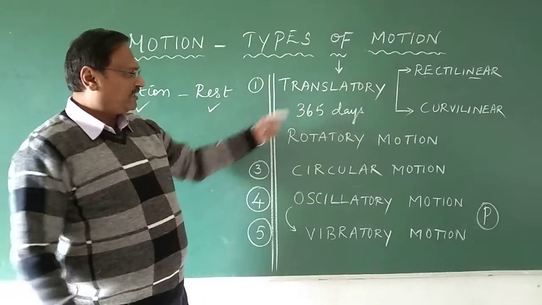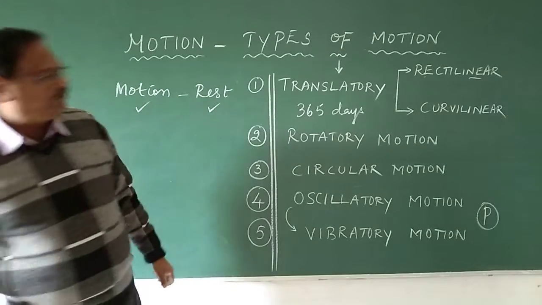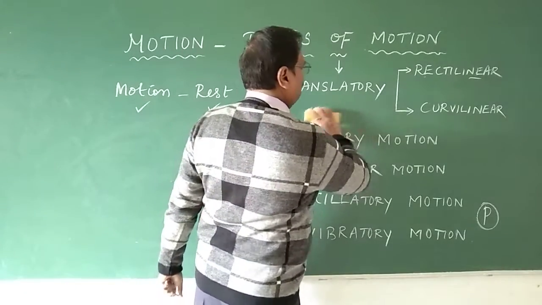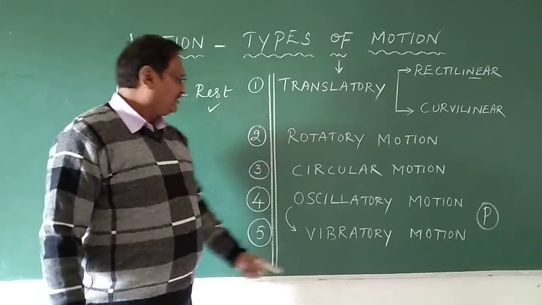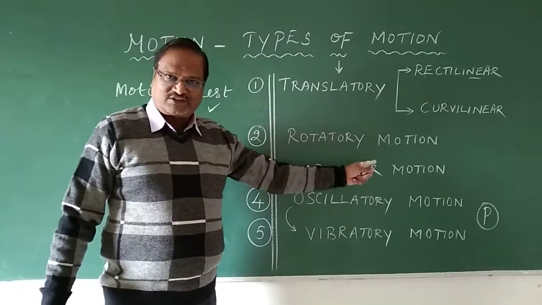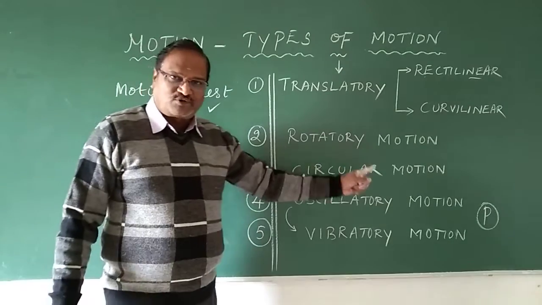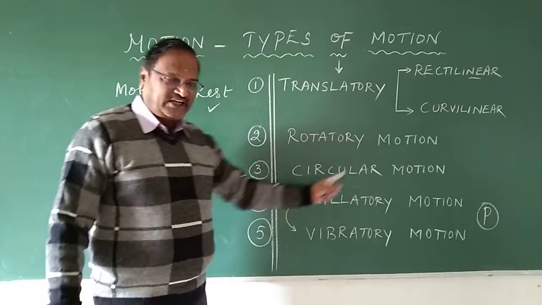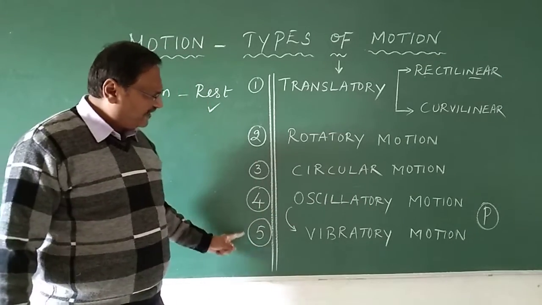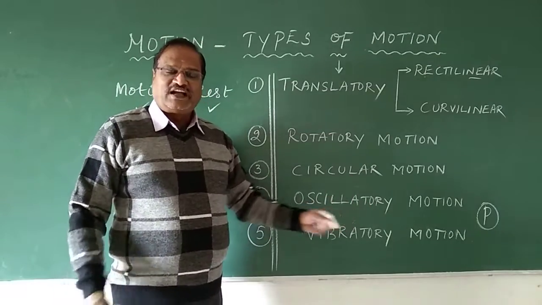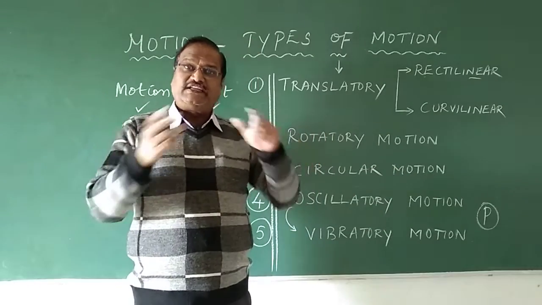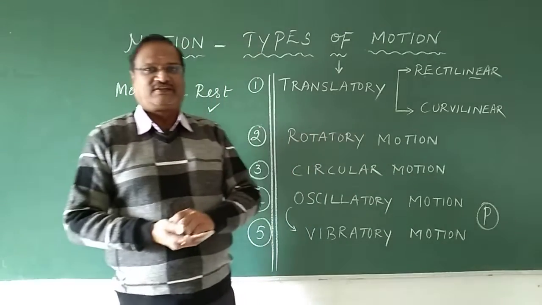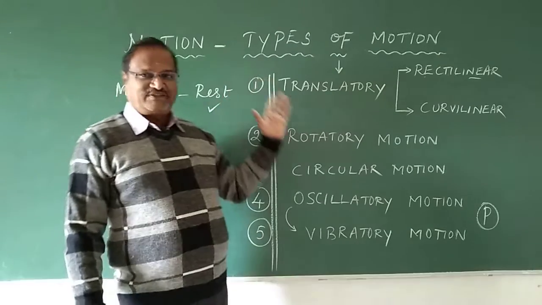You have 1 translatory motion, which is of two types, rectilinear motion and curvilinear motion, 2 rotatory motion, 3 circular motion, 4 oscillatory motion, and 5 vibratory motion, and together these motions can also be called periodic if they repeat themselves. I hope you will understand this.